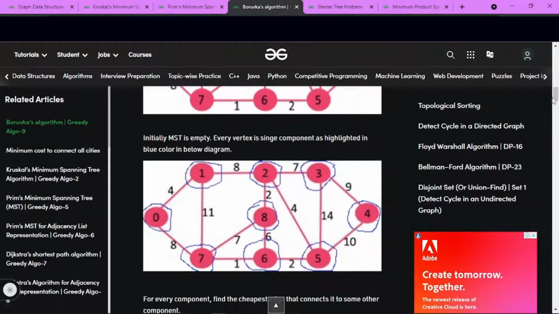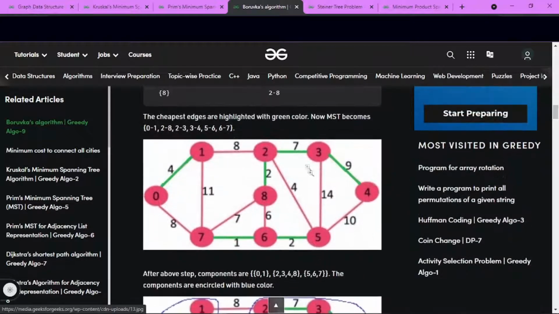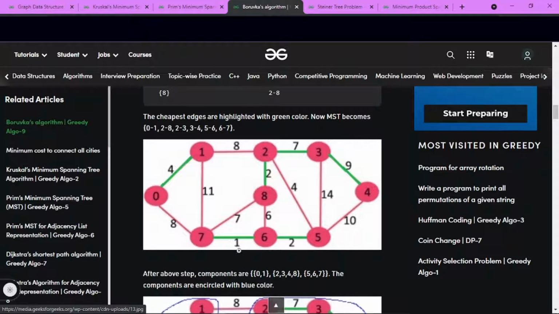Then we connect these components with the minimum edge. Let's say if we want to connect 2 and 8, we will have 2 as the minimum one, then 6 and 7 can be connected through 1 and 6, like this. Every vertex should be connected with some other component with a minimum weight.